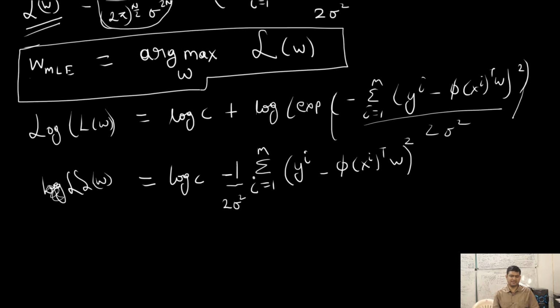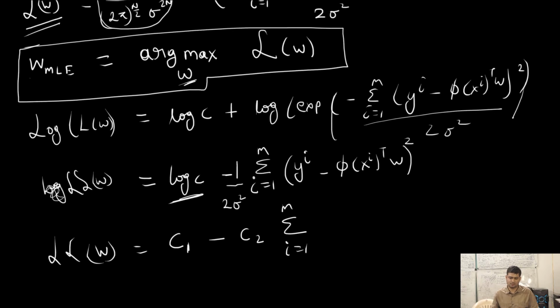Since sigma is independent of this w, right, we can just assume that this is also another constant. So the log likelihood of w is simply some constant c1 minus c2 times, where c2 is positive, the sum from i equal to 1 to n of yi minus phi of xi transpose times w, the square.